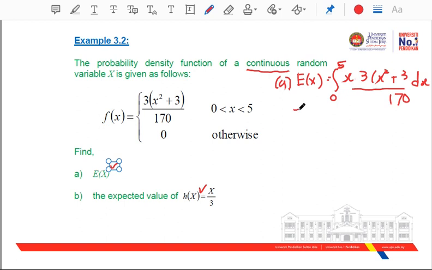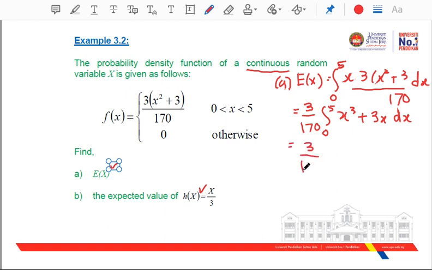First of all, I will advise you again to put the constant outside. Basically, you only need to integrate x times x squared, x cubed, and x times 3 becomes 3x dx.